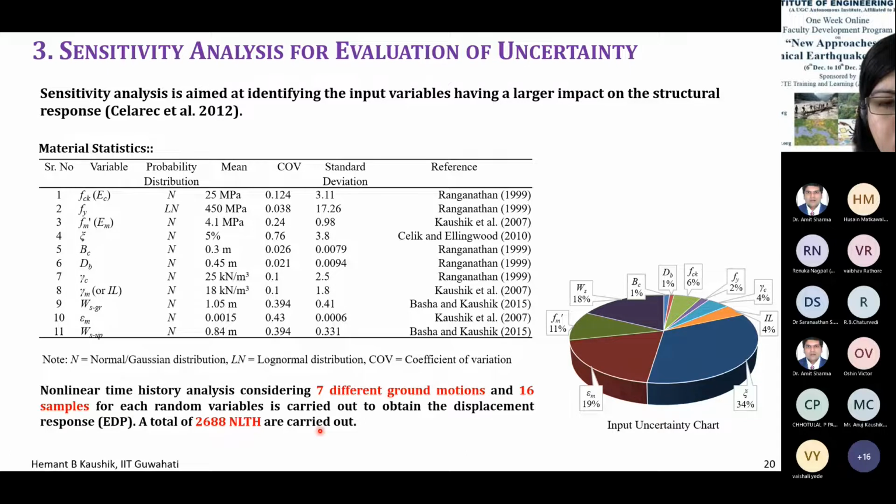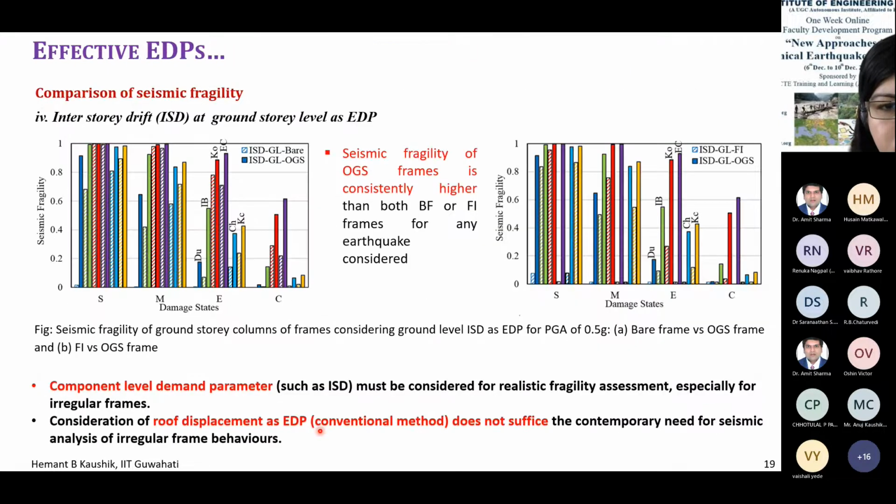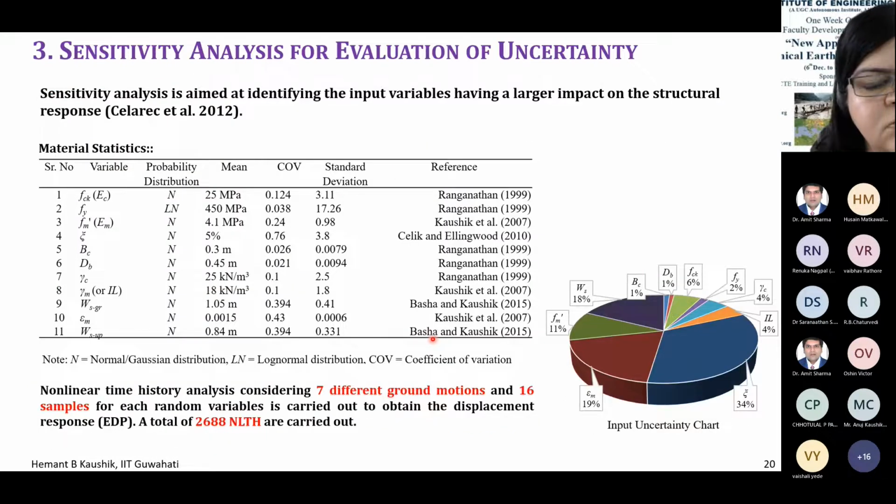So although I'm not showing you the individual responses from those analyses, but around 525 nonlinear dynamic analyses were carried out to get these kinds of output. You can see here, this is just output coming from one ground motion for one damage state. And so many damage states here, so many earthquakes, right? Takes a lot of time.